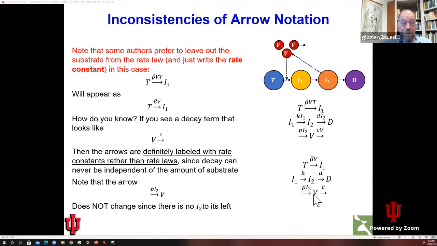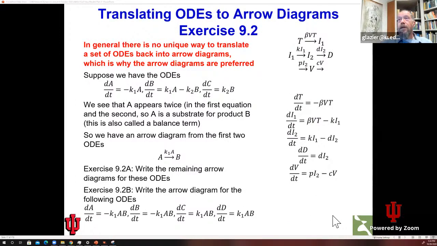I can't help the fact that the notation in the literature is inconsistent. And I'm giving you a heads up that in the homework problem, they use this notation. And so when you do the interpretation of that problem, you have to remember that. Okay. So we've done the case where we went from the arrows to the ODEs, and that was pretty straightforward.